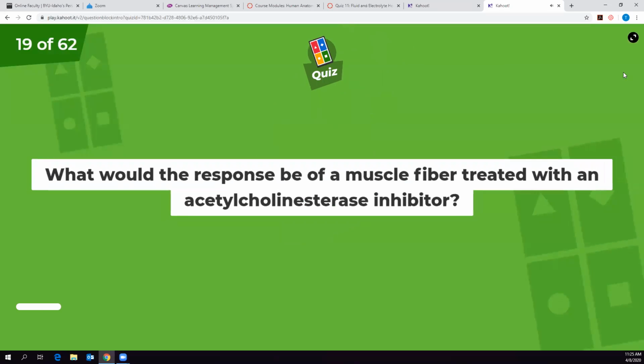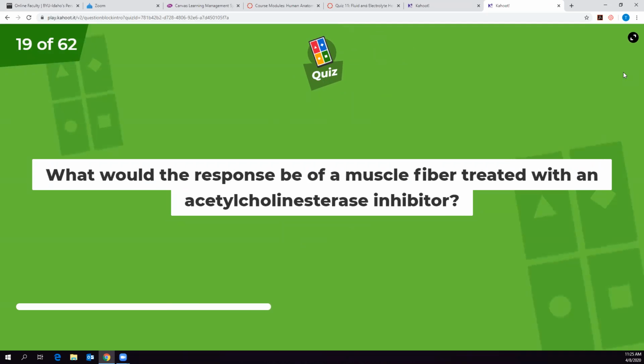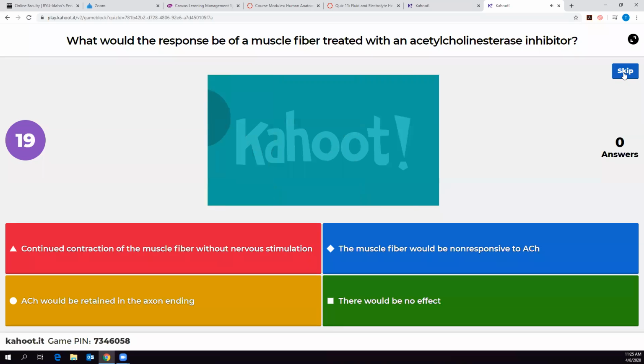Okay. What would the response of a muscle fiber be when treated with an acetylcholinesterase inhibitor? So what does acetylcholinesterase do?